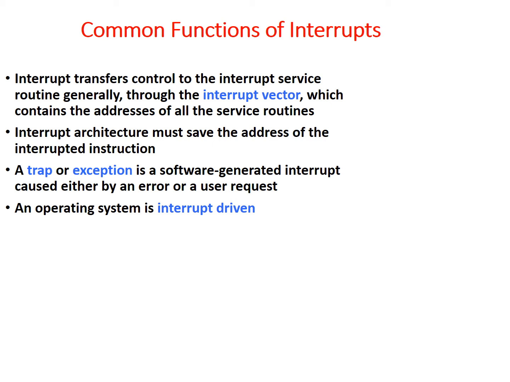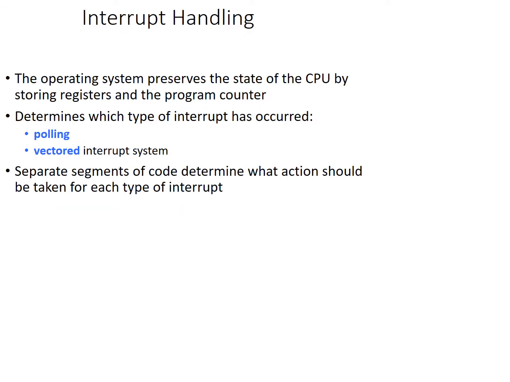A trap or exception is a software-generated interrupt caused either by an error or a user request. An operating system is interrupt driven. Interrupt handling: the operating system preserves the state of the CPU by storing registers and the program counter.